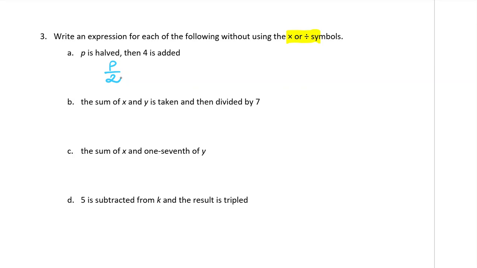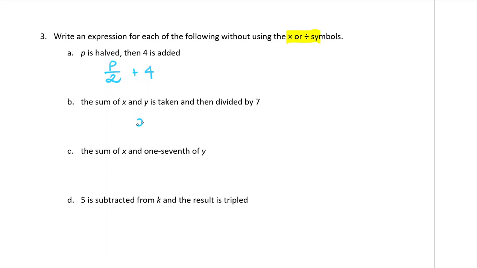P is halved, and then the next part is then 4 is added. So it tells me added, so I'm just going to go plus 4. That's it. 4 is added. All right, part B. First part says the sum, which means plus, the sum of x and y.